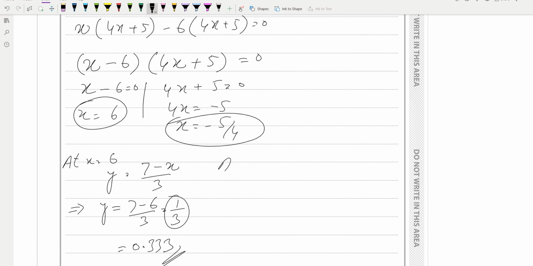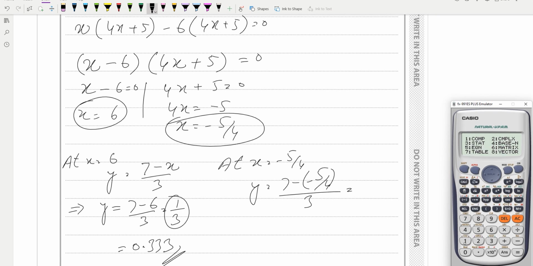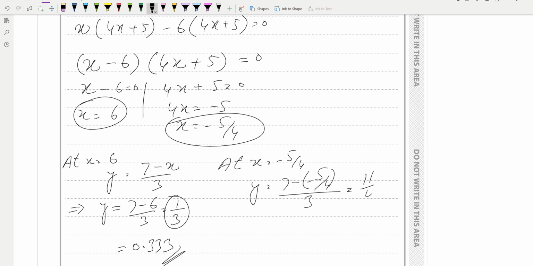Next, at x is equal to minus 5 by 4, y will be equal to 7 minus, with minus 5 over 4 in brackets, closed and divided by 3, and this is equal to 11 by 4.